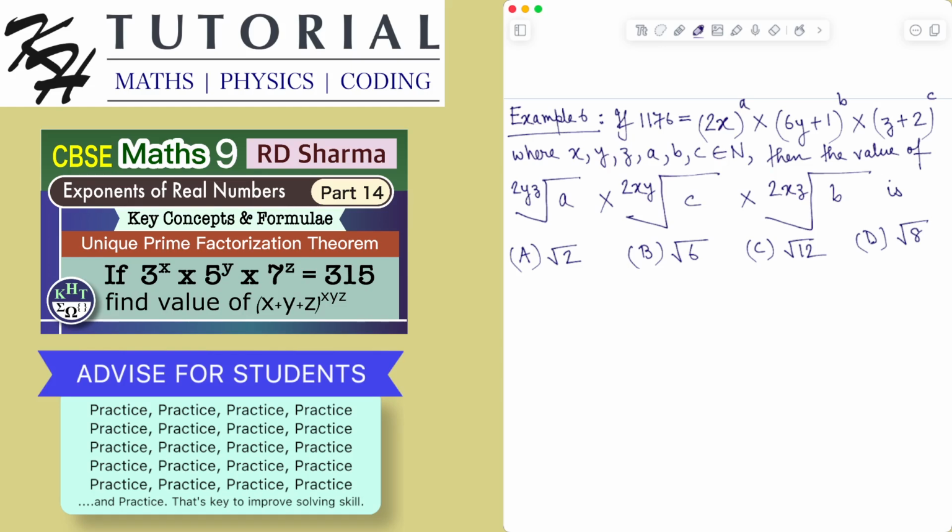So the first thing is we have to prime factorize 1176. Okay, let's divide by 2. We have 588, then again divide by 2, 294.